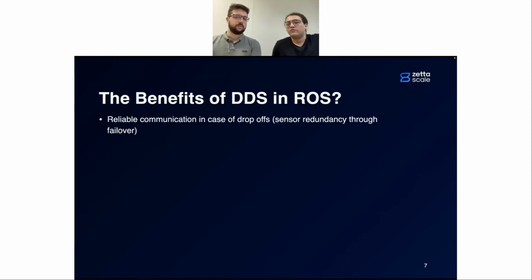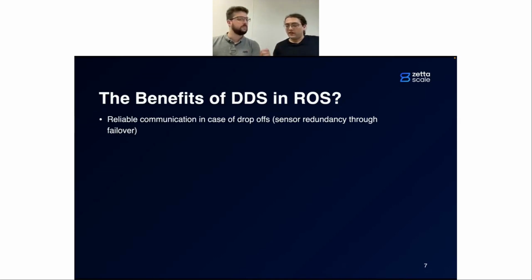You have reliable communication in case of drop-offs built into DDS. So for example, you can have sensor redundancy. You have multiple sensors, and you can specify that sensor A, sensor B, and sensor C have different strengths. This one has the highest strength, sensor B has the next highest, et cetera.